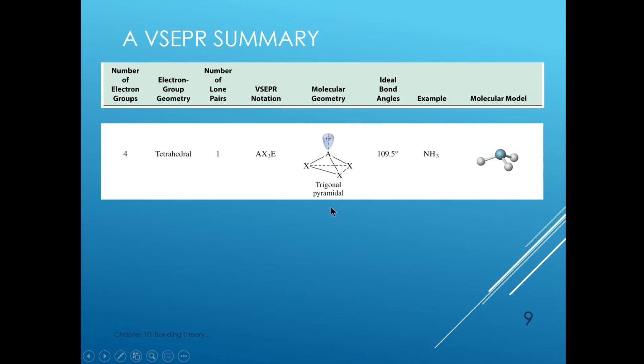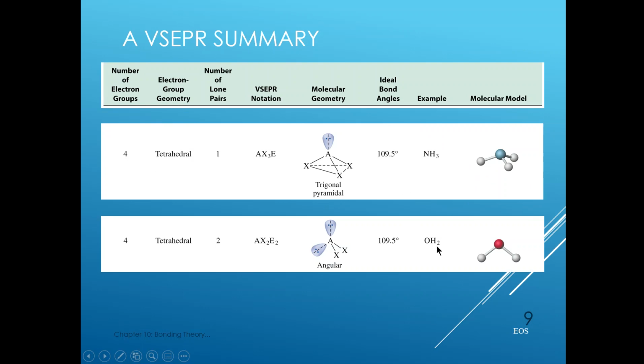So the shape is established by the other atoms that are here, and therefore the shape is, as I said before, trigonal pyramidal. The bond angle is going to be 109.5 because of the tetrahedral arrangement of the electron groups. A good example of this would be ammonia, and this is the molecular model representation of that compound.